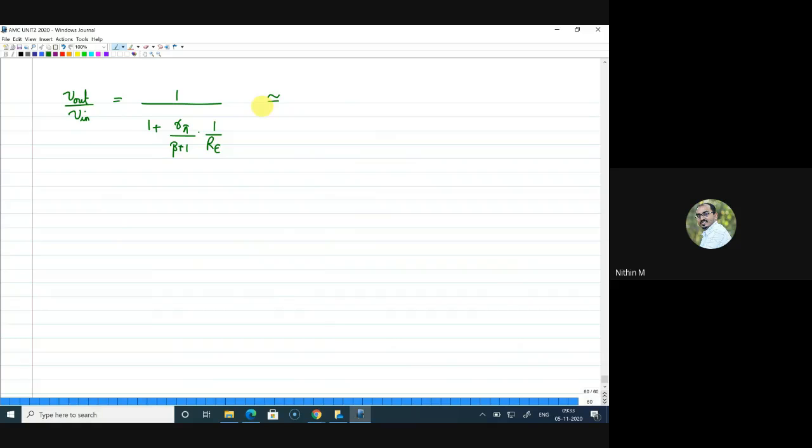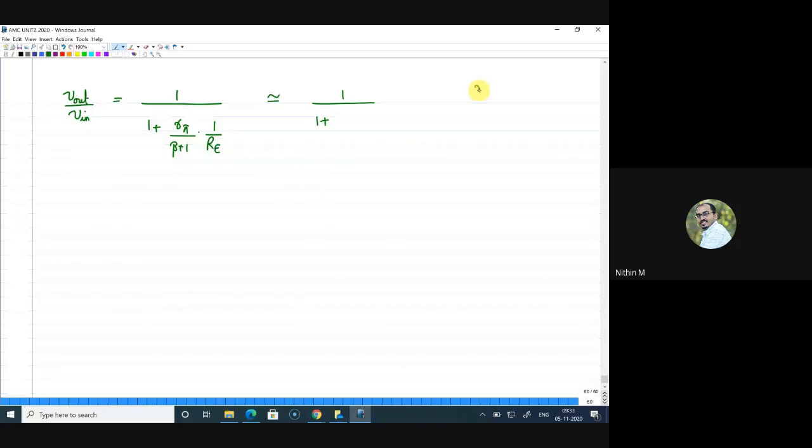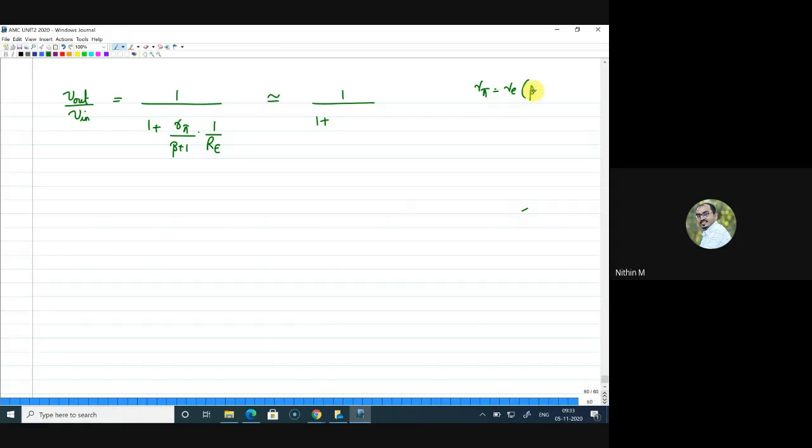Very good. We know that R pi is RE into beta plus 1, so R pi by beta plus 1 is RE. We will write RE as 1 by Gm. In fact, it is alpha by Gm, and alpha is a value which is very close to 1.